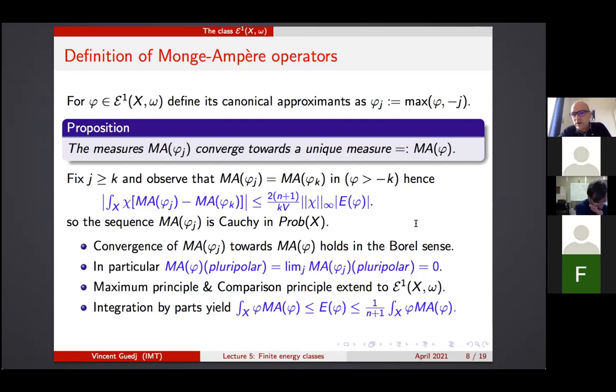You can see that from this inequality, which is actually a consequence of the same type of integration by parts I've done in order to prove that functions in E1 have gradient in L2. So if you use these inequalities that are already established, then you can realize that E of phi is finite if and only if the integral of phi Monge-Ampère of phi is finite. So in particular, since the Monge-Ampère of phi is a well-defined probability measure, when you are in E1, then the function phi is integrable with respect to its Monge-Ampère measure.